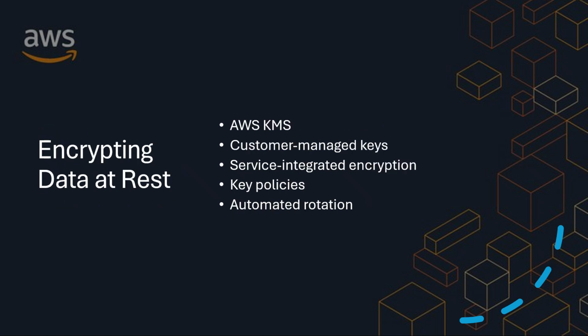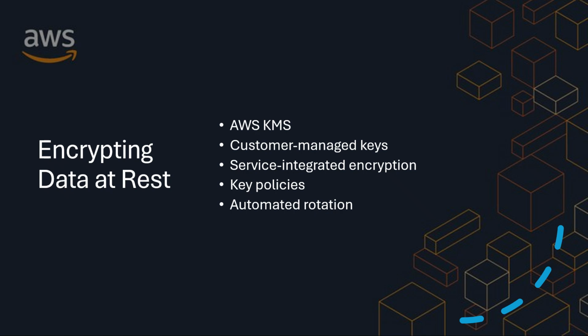Encrypting data at rest is one of the strongest lines of defense against unauthorized access. AWS Key Management Service, or KMS, allows you to manage encryption keys securely and apply them across services such as S3, EBS, RDS, DynamoDB, and more.